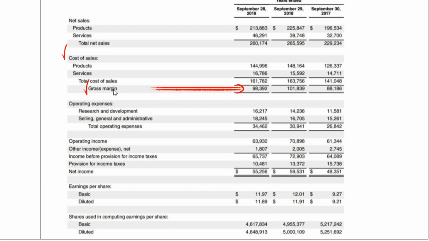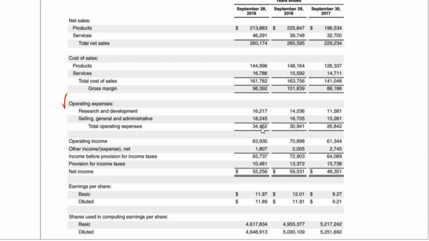So gross margin is total net sales minus cost of sales, and that gives you the gross margin. Then this is the indirect. So there was research and development and sales, general, and admin fees. So it's indirect because the research wasn't directly connected to actually building the phone, but there was research, whatever indirect cost that's here in operating expenses.